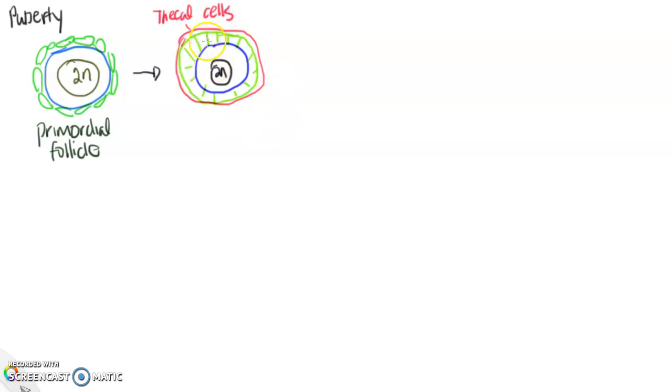So the green cells, again, they're still granulosa cells. They just kind of enlarge and get a little bit bigger. This is what's called a primary follicle. This is still a primary oocyte. It's still stuck in prophase 1.